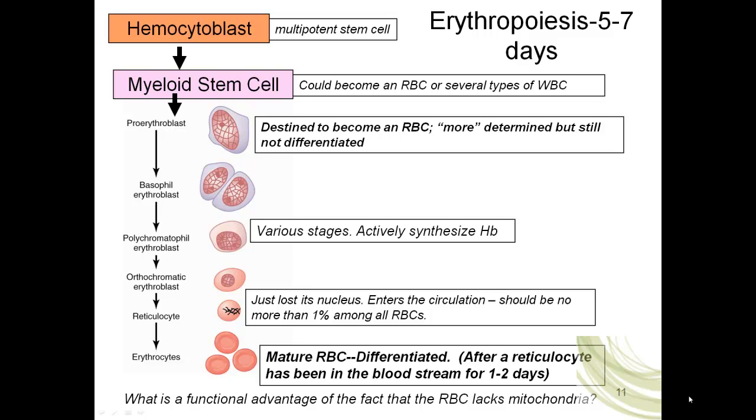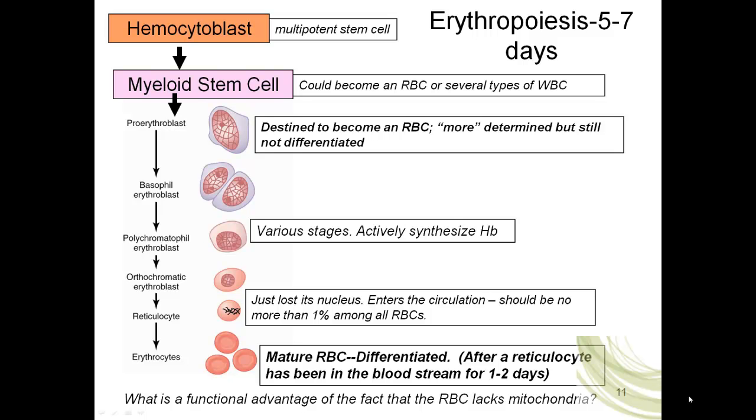But a hemocytoblast is determined. It is determined to give birth to daughter cells that can turn into types of blood cells, but a hemocytoblast is not a differentiated cell. As I said, if you notice towards the bottom, the reticulocyte is the cell that is released into the circulation.